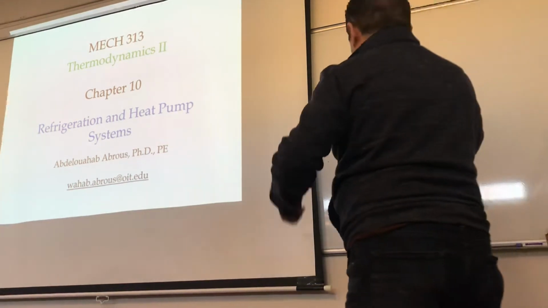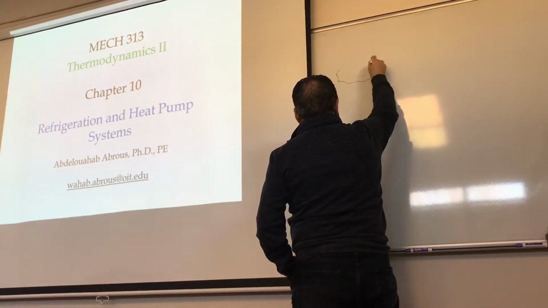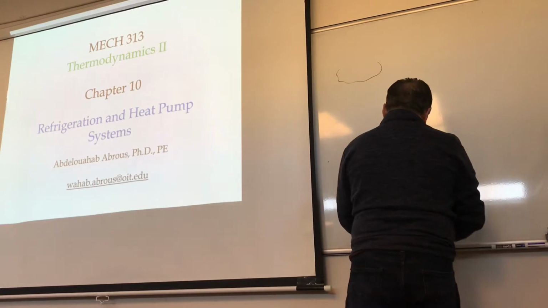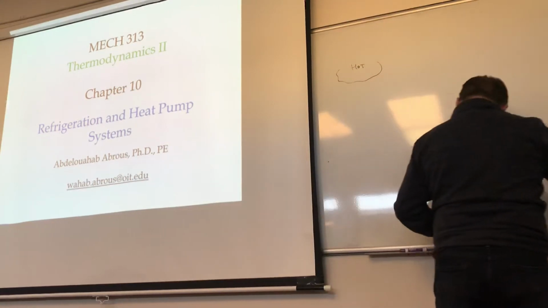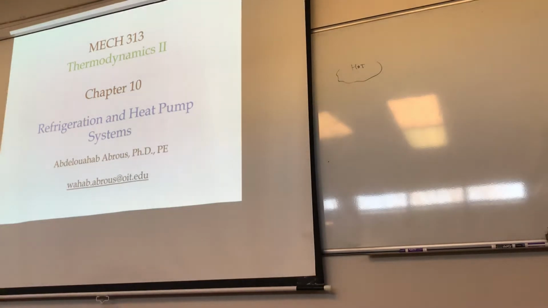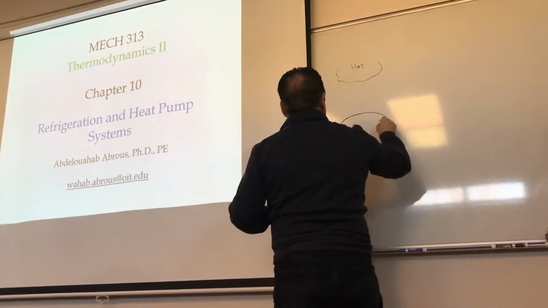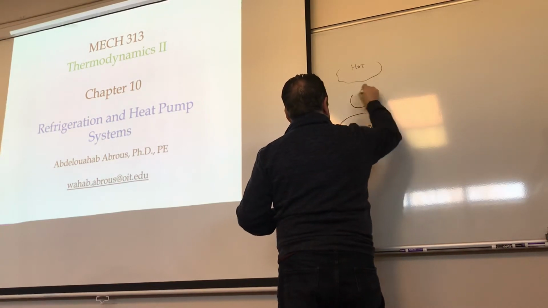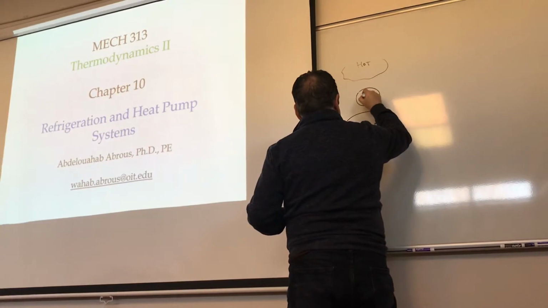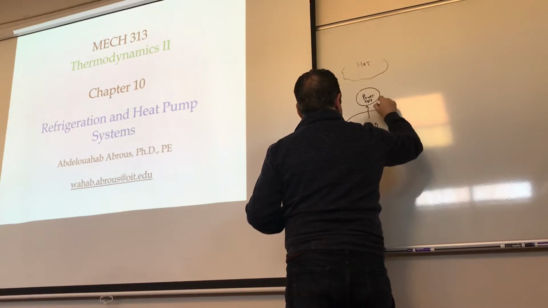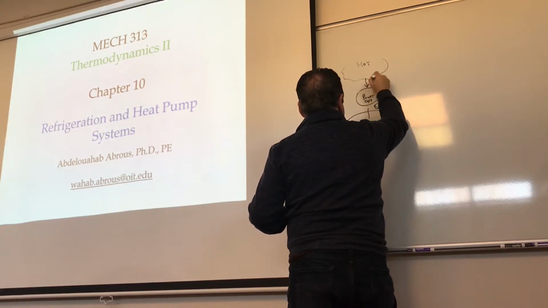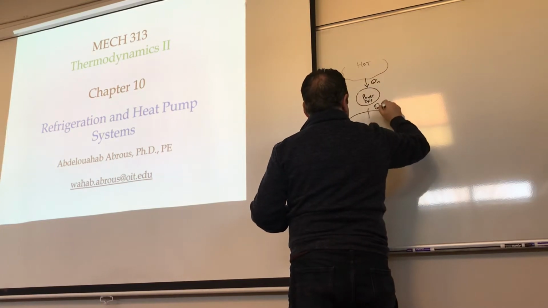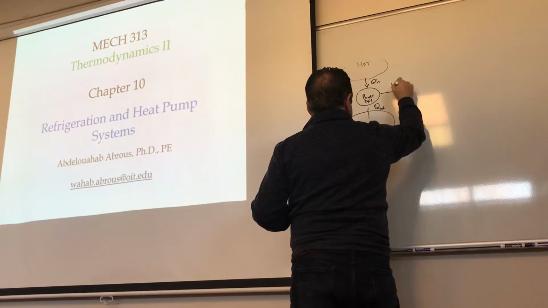Before I start on this, if you guys remember, for power cycles, right, a power cycle typically gets Q in from here, rejects Q out there, and then in the process it creates W cycle.